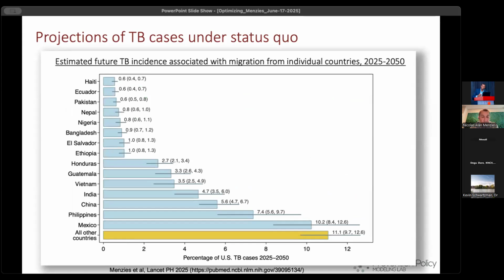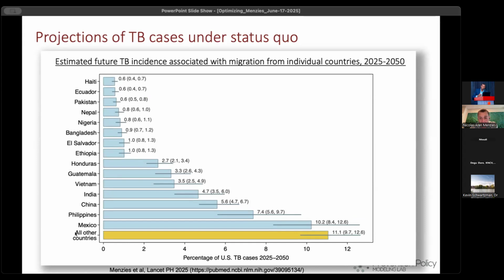Looking at the source of future TB, this is estimating the fraction of TB cases in the United States between 2025 and 2050 amongst people who are not in the United States right now. And this is doing it by country of origin.